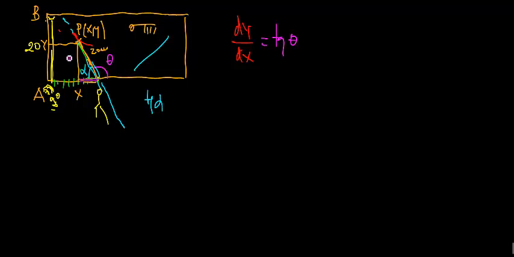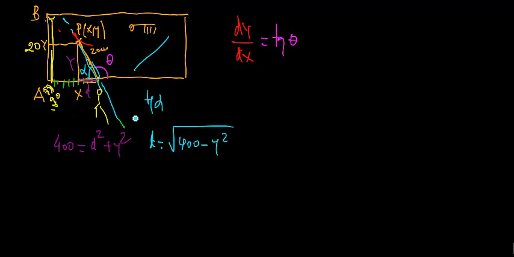As I know that from here to here it is y, I can say that 20 squared, which means 400, equals, let us say, this distance d squared plus y squared. So d equals the square root of 400 minus y squared.